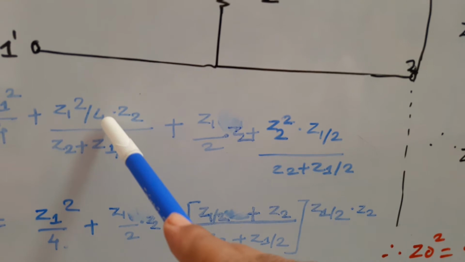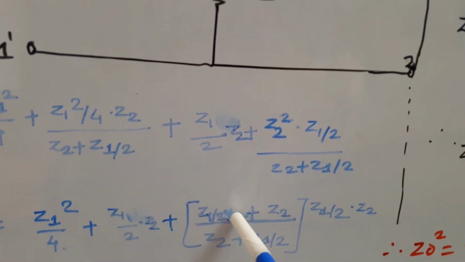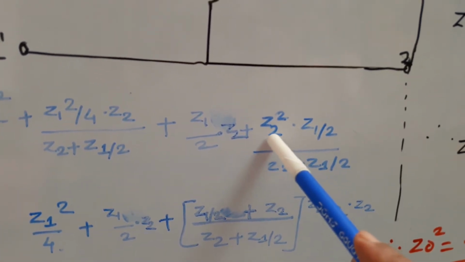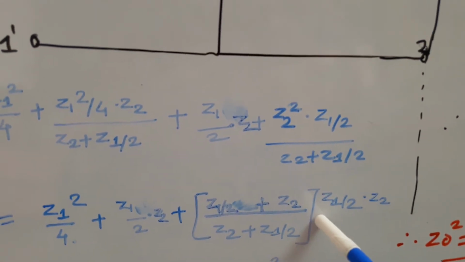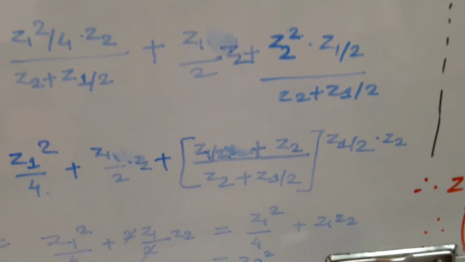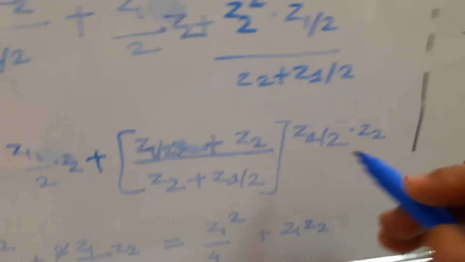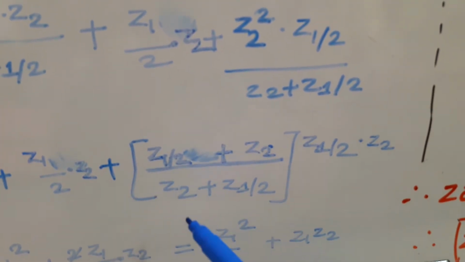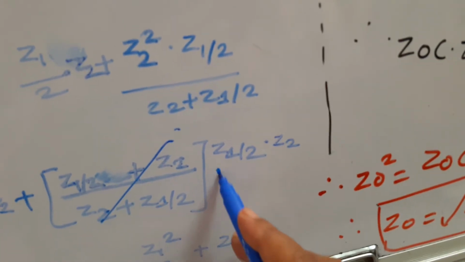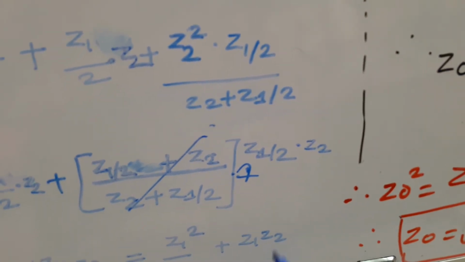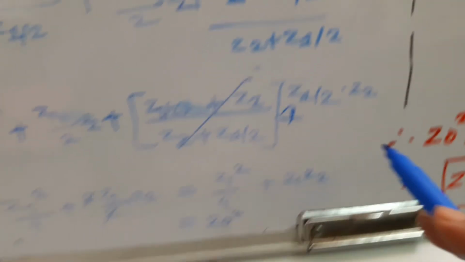So we have Z1 by 2 as it is, plus from Z2 into Z1 by 2 taken as common, as it is a square, we have only Z2. Now if you compare numerator and denominator, we have Z2 plus Z1 by 2 in both, so the entire bracket will be cancelled and we will have only 1. So this 1 into Z1 by 2 into Z2.